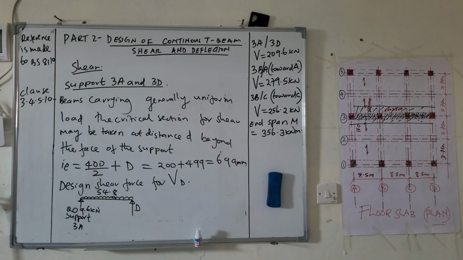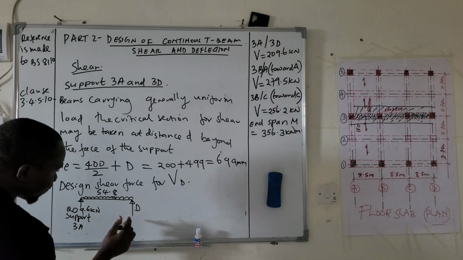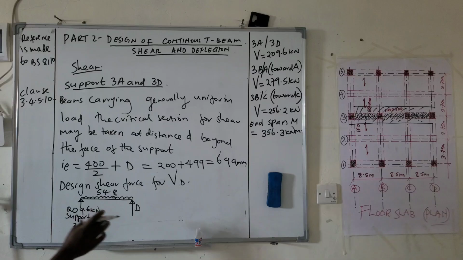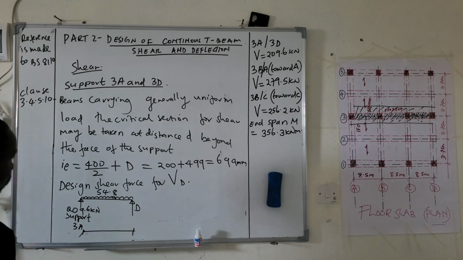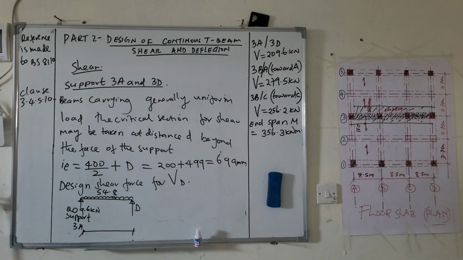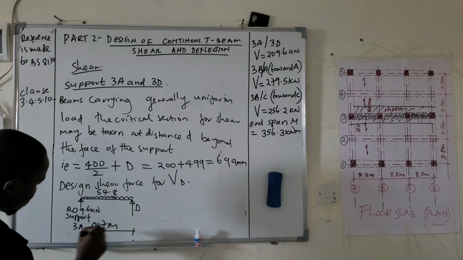54.8. Now we want to calculate the design shear force at this point, at D, the reaction at D. How are we going to calculate it? Remember the distance is 699, you divide by 1,000, you get 0.699, so let's make it 0.7 meters.